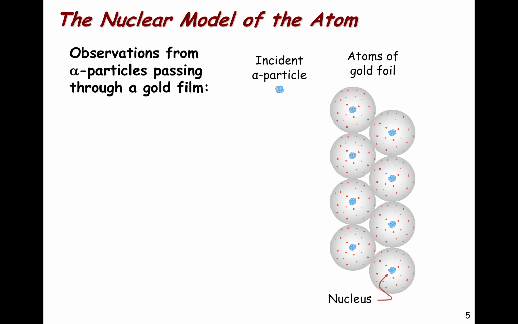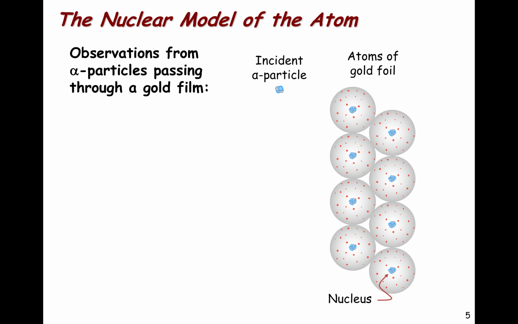And the atoms were comprised of a spherical object where the nucleus, the center of the atom, contained the majority of the mass of the atom, and then surrounding this were the electrons, which were very, very small particles, but they defined the majority of the volume of the atom.